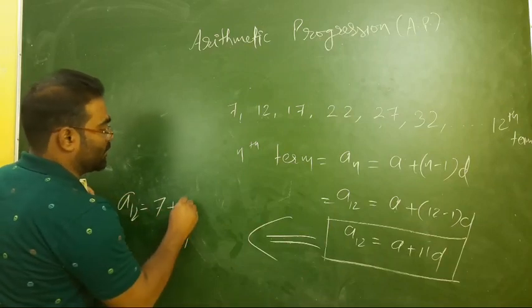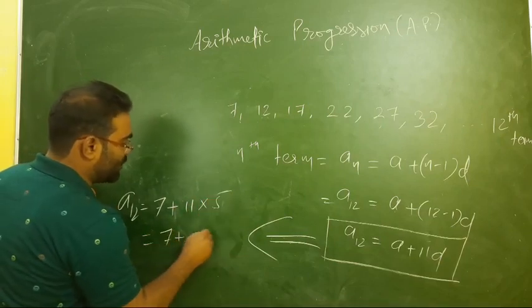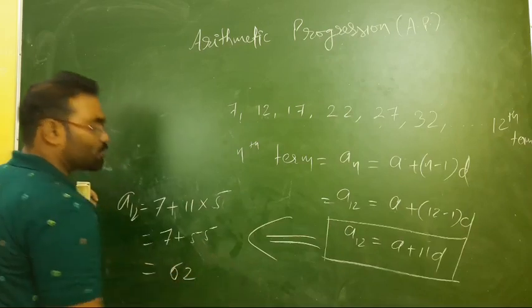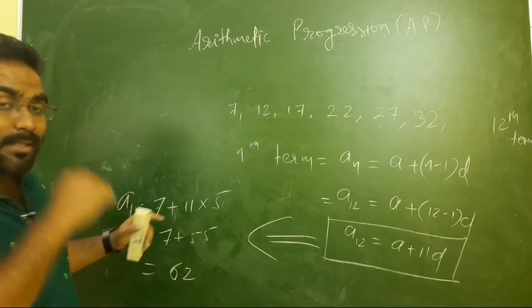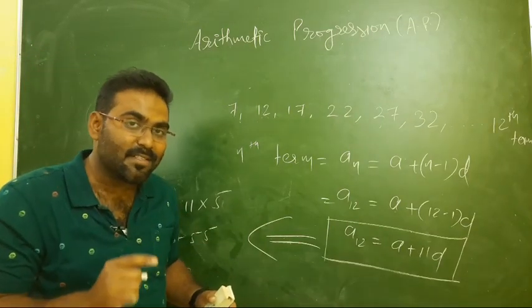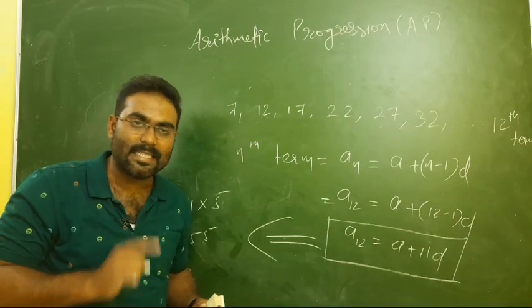What is d? 5. So 7 plus 55 is nothing but 62. Correct? Do you observe how easy it appears now? Yes, it is indeed.